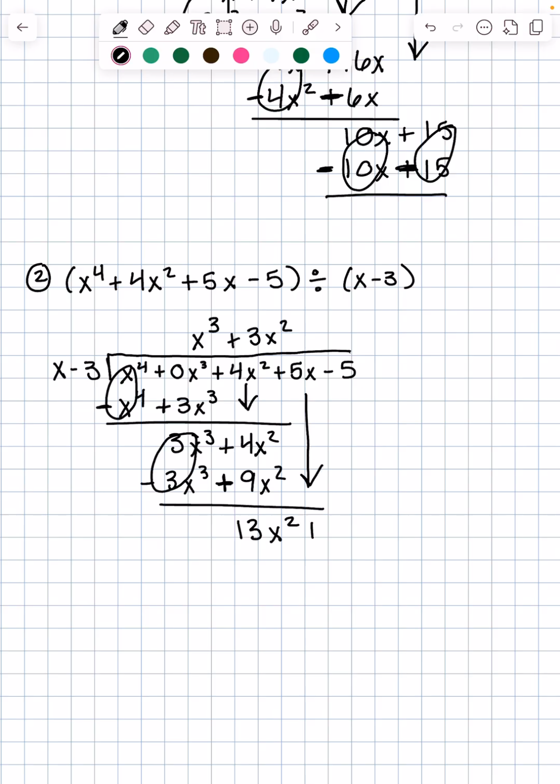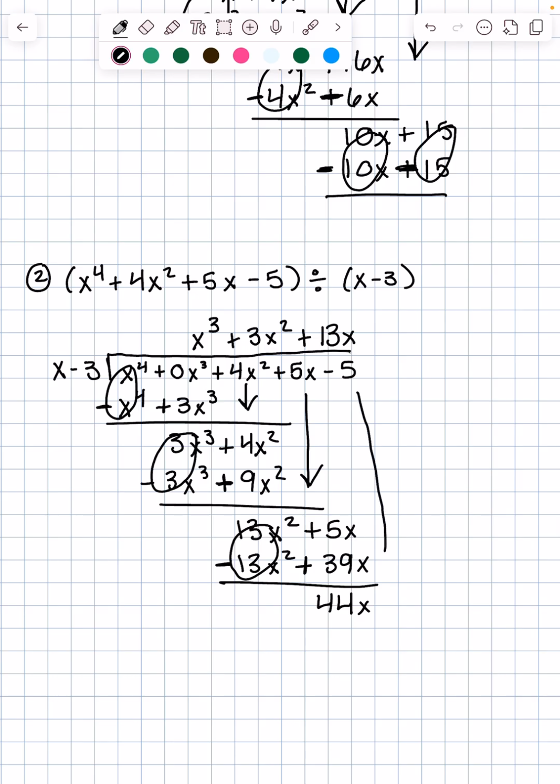And we're dropping down this 5x. What can I multiply by x to get 13x squared? That would be plus 13x. And then I multiply, so 13x squared minus 39x. Okay, and then we're subtracting, so that becomes negative, this becomes positive. That's 0, and then we get 44x.